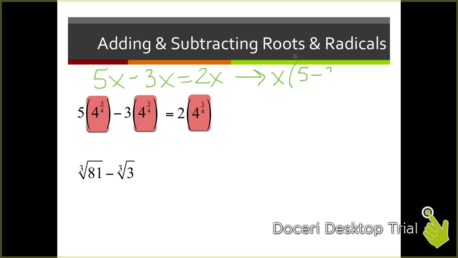That leaves me with 5 minus 3, and that ends up giving us the 2x. So that's what's happening here. The fact that we have these common factors in exponential form is kind of like working with an x. We can take the numbers out in front, do whatever operation with those numbers, and then still keep this common factor as part of our answer.